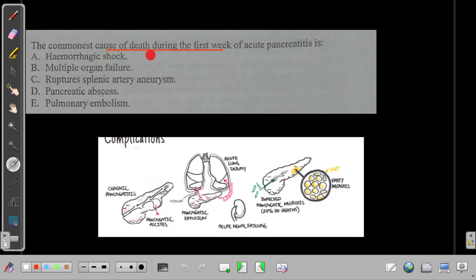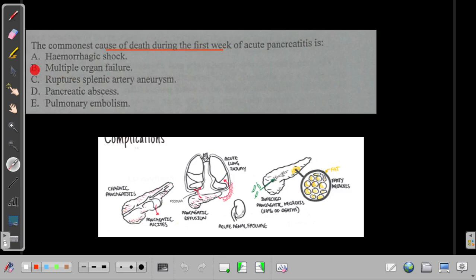The commonest cause of death during the first week of acute pancreatitis is: hemorrhagic shock or multiple organ failure or ruptured splenic artery aneurysm or pancreatic abscess or pulmonary embolism. As a matter of fact, the most common cause of death during the first week of acute pancreatitis is multiple organ failure.